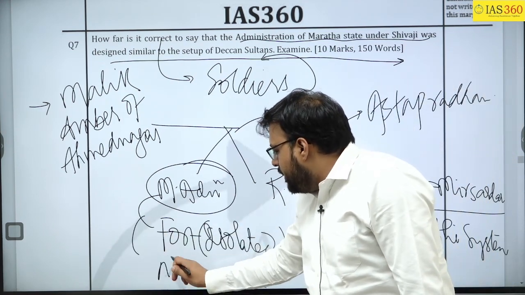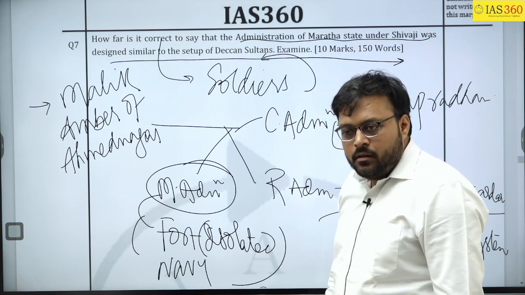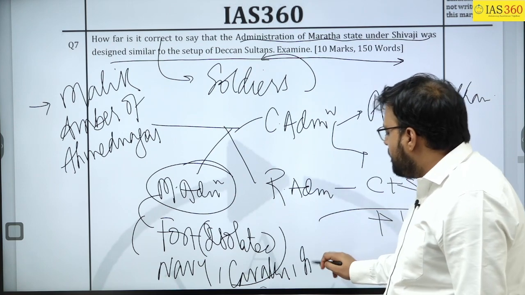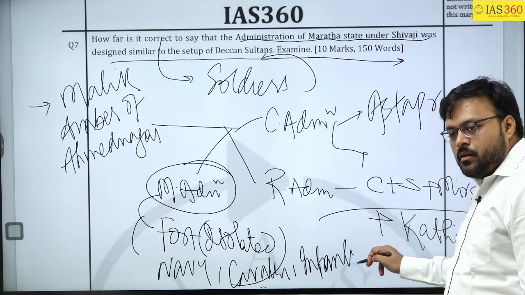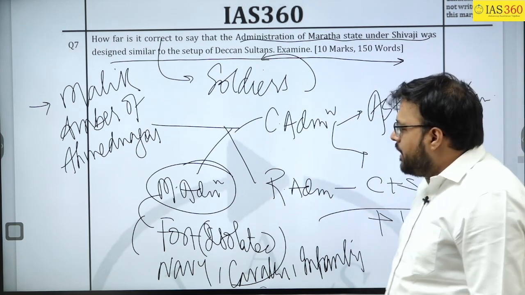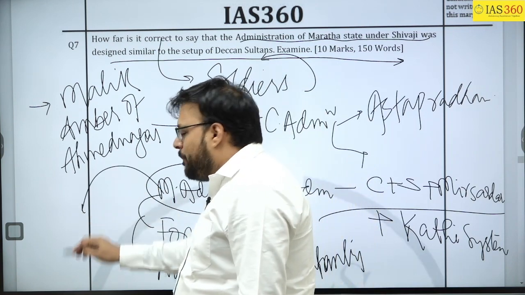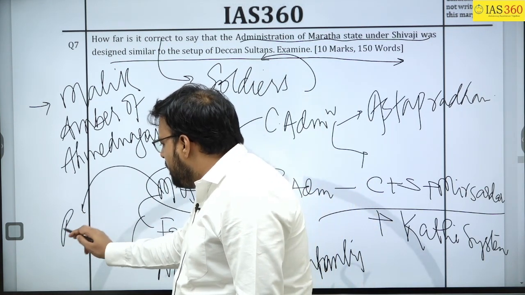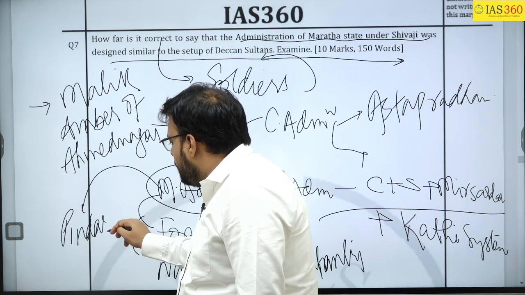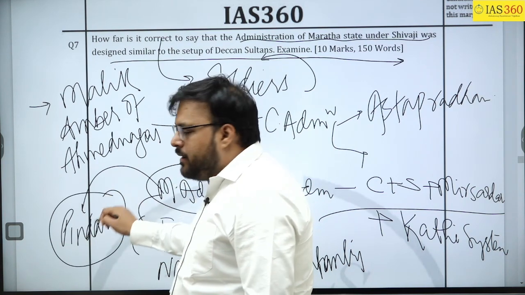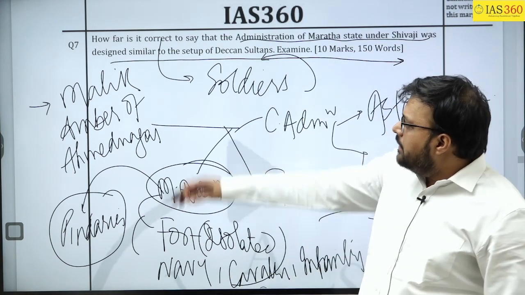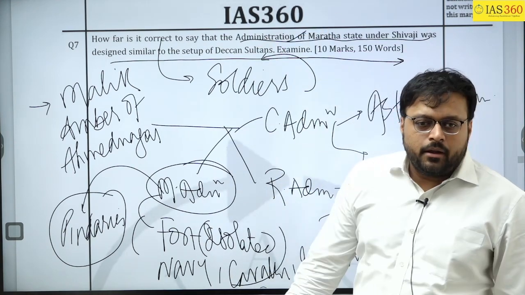Then a strong navy, cavalry, infantry. At the same time, the Maratha army was backed by the Pindaris, who were plundering the Mughal kingdom. So these are the things you can write in this particular question.